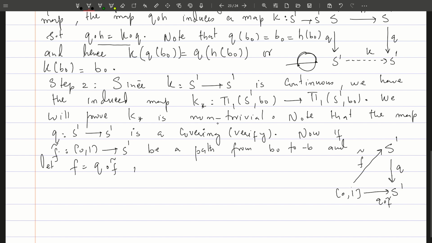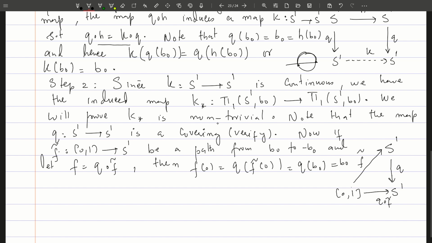So then f of 0 will be q of f tilde of 0. Now since f tilde starts at b naught, f tilde of 0 is b naught, so this is q of b naught. But q of b naught is the same as b naught.